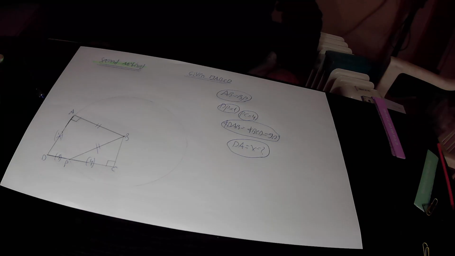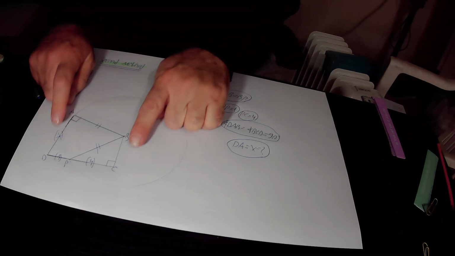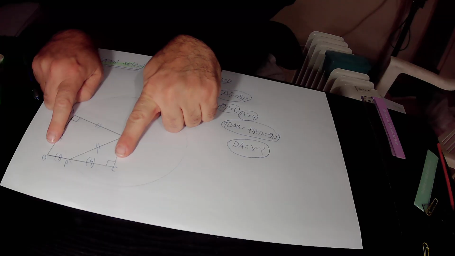In the second method, we will do a construction. That is to say, we'll extend this side DC of quadrilateral ABCD by 4 units. Repeat again, we'll extend side DC of quadrilateral ABCD by 4 units.